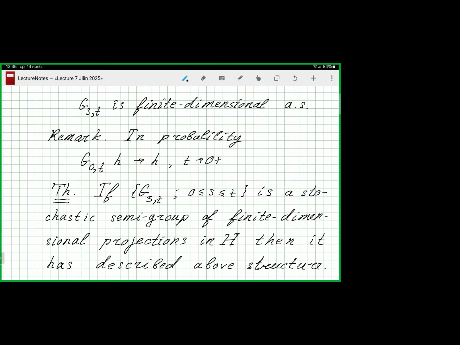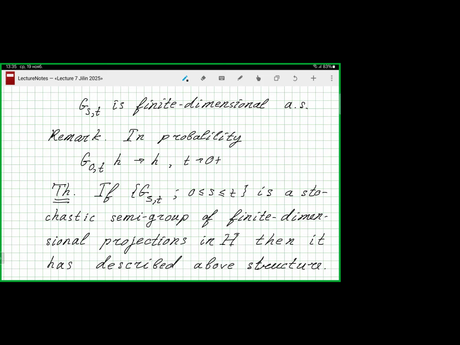But to prove such theorem, we need some statement about structure of commuting self-adjoint operators and so on. So we will not consider the proof of this theorem.